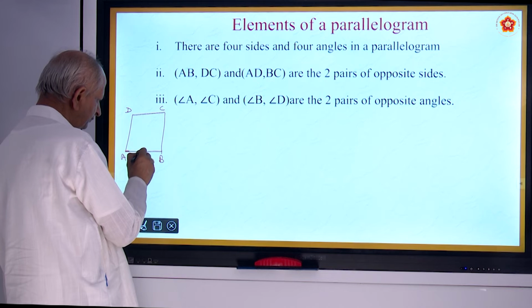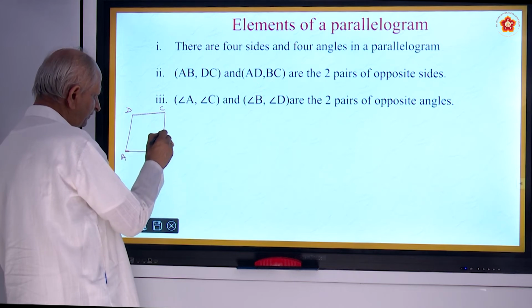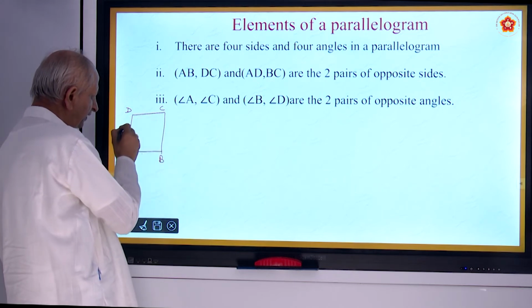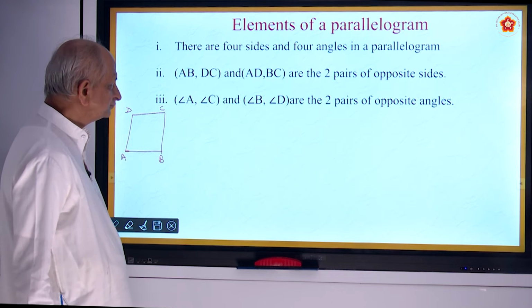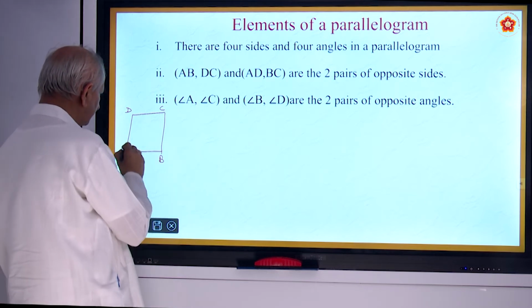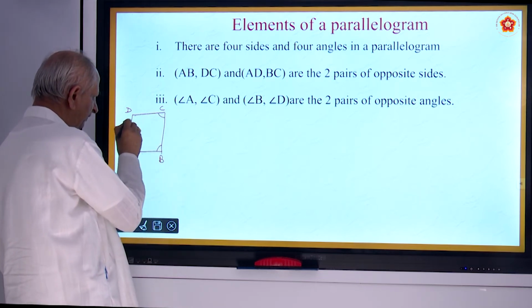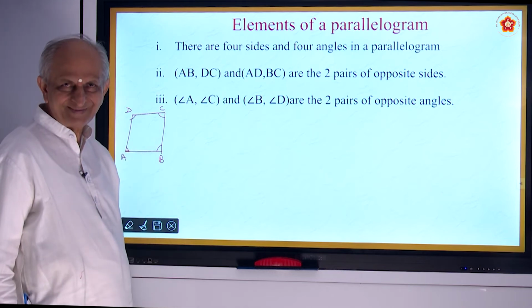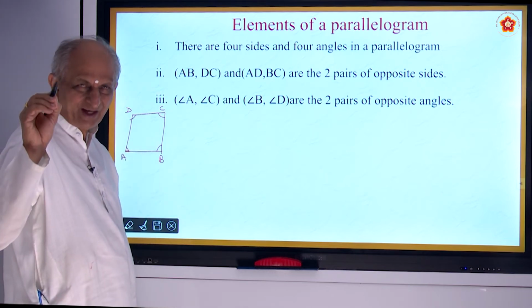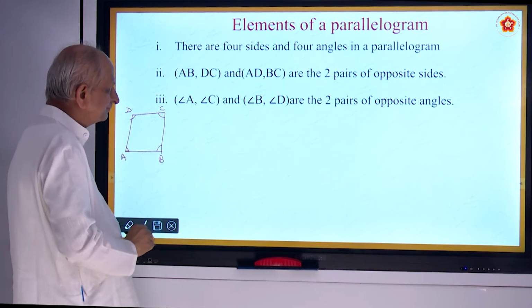AB, then BC, CD, DA. 4 angles. What are the 4 angles? Angle A, B, C, D. What is the sum of all the 4 angles? 360 degrees or 4 right angles.